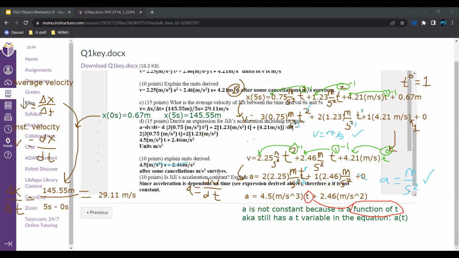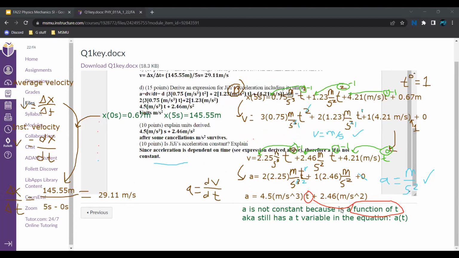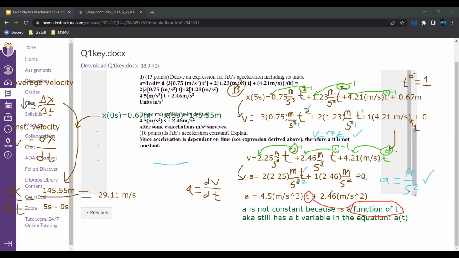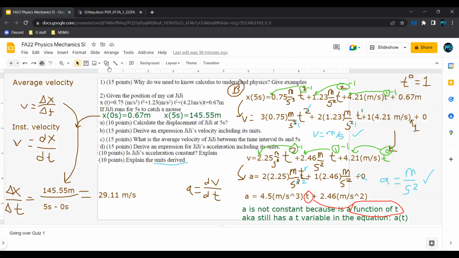Alrighty. And then acceleration is dependent on time, because it is a function of t, and therefore is not constant. Just about the same thing. And then acceleration is meters over second squared. Check, we got that too.